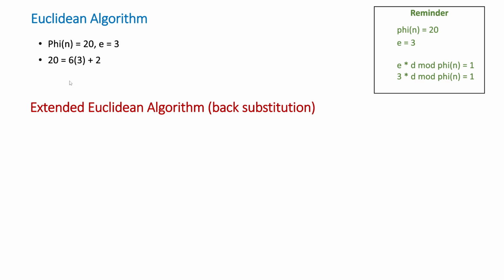Here, we've got 6 times. 6 times 3 is 18. And then we've got a remainder of 2. So how we write this is 20 equals 6 times 3, how many times 3 goes into 20, plus 2, our remainder.